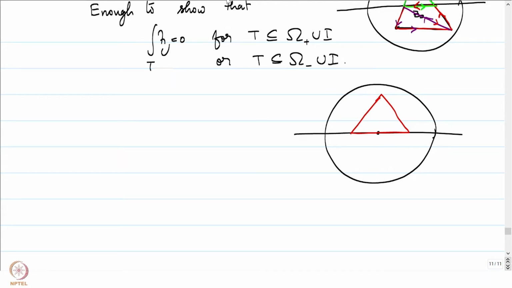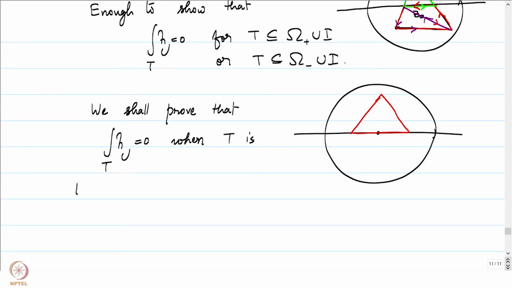We will prove that the integral of f over such a triangle is 0, and I will leave the case when just a vertex is on the real axis as an exercise for you. So, we shall now prove that the integral of f over T is equal to 0 when T is a triangular path. So, let me now give some names to it. This is Z1, Z2, Z3.